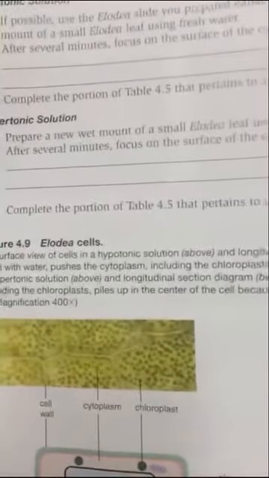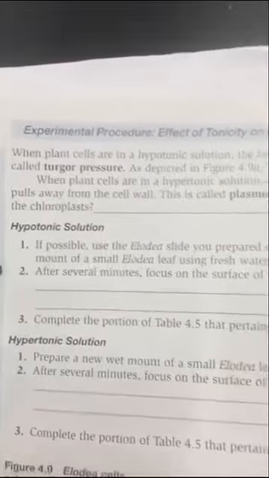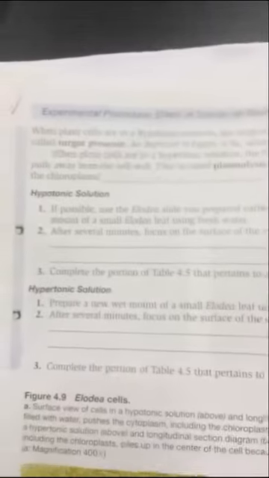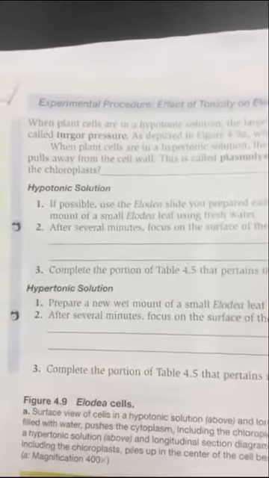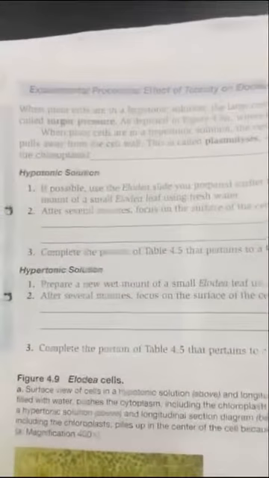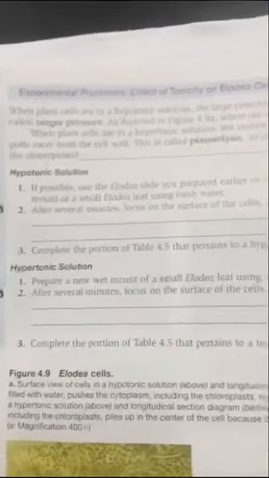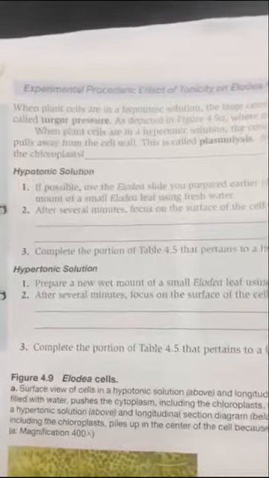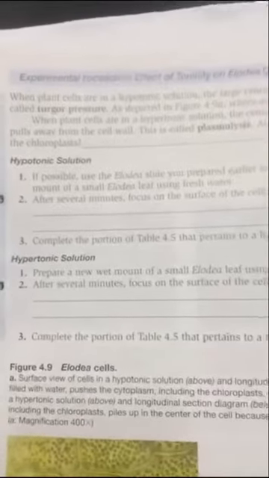And then we are going to work with the Elodea, which is a water plant. So we will work with that. And then what we're doing is we're working with what is called hypotonic. Now hypo means below, and tonicity again means concentration of solute. So that means you have a concentration of solute that is less than what it is in the cell.